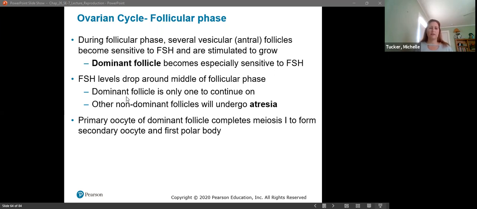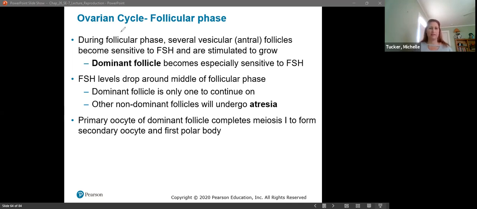The dominant follicle is going to be the only one that is strong enough to survive this dip in FSH. The non-dominant follicles undergo atresia, they self-program death, and the primary oocyte of the dominant follicle completes meiosis 1 to form a secondary oocyte and first polar body.